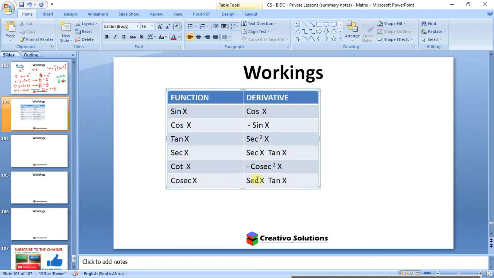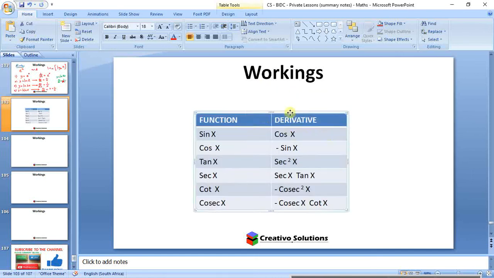The last one: if I have cosec as a function, in order to get a derivative, I'm going to have minus cosec x cot x. There we go. Those are the ones that we need to learn.